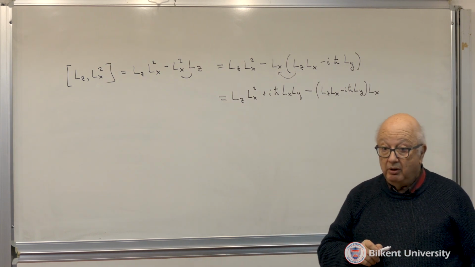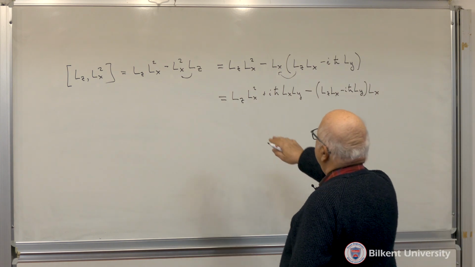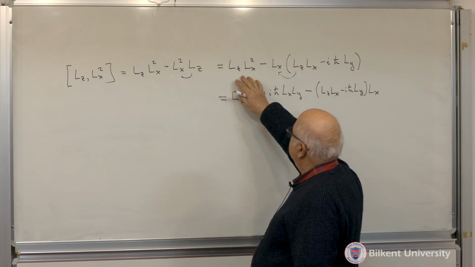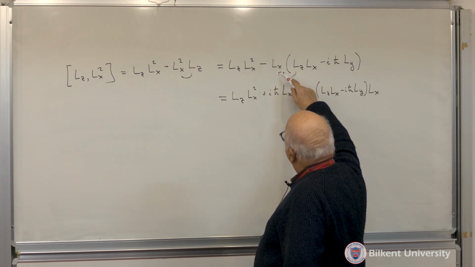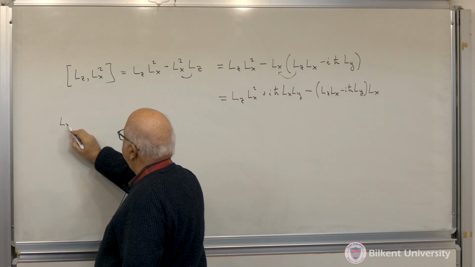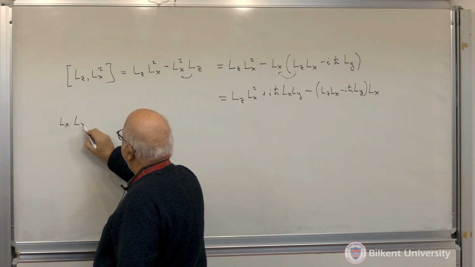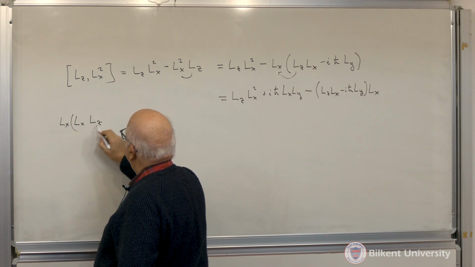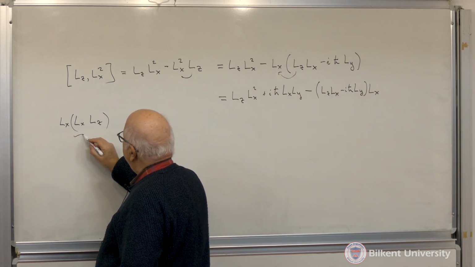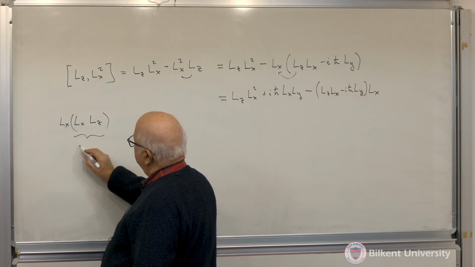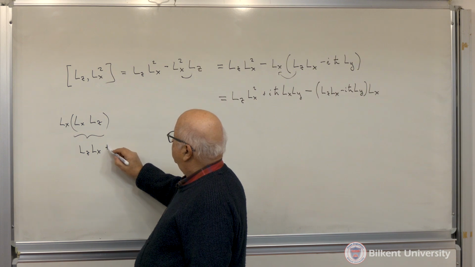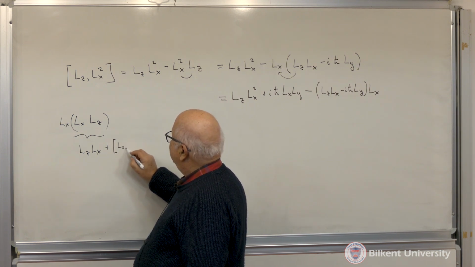Yes. How did we do the first one? Right. Okay, so what we are trying to do is move stuff. We have Lx times Lx times Lz, so that's what Lx squared Lz is. In place of this Lx Lz, we are putting Lz Lx, but with the commutator of Lx Lz.